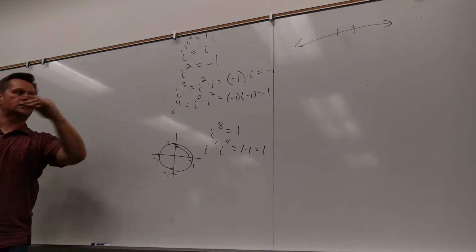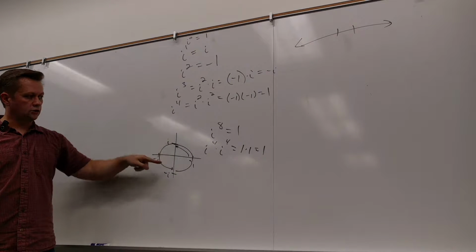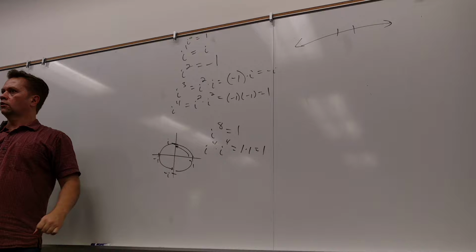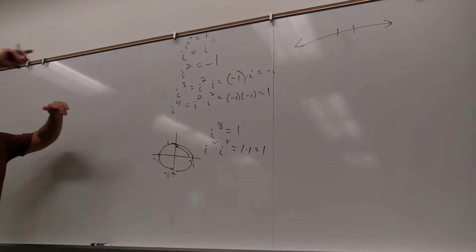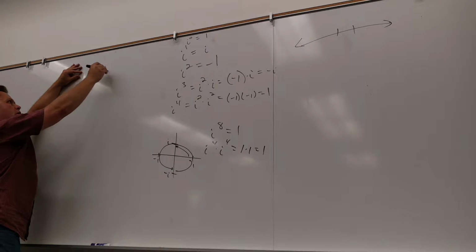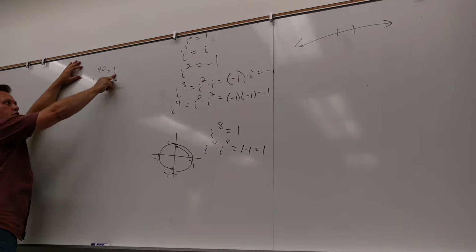In between, it's going to be one of these values. So does it always go in order? Totally. As you multiply more and more i's, you keep going in the same order. So I, -1, -I, 1. So I to the 40th power would be what? 1, because 4 goes into 40 evenly.